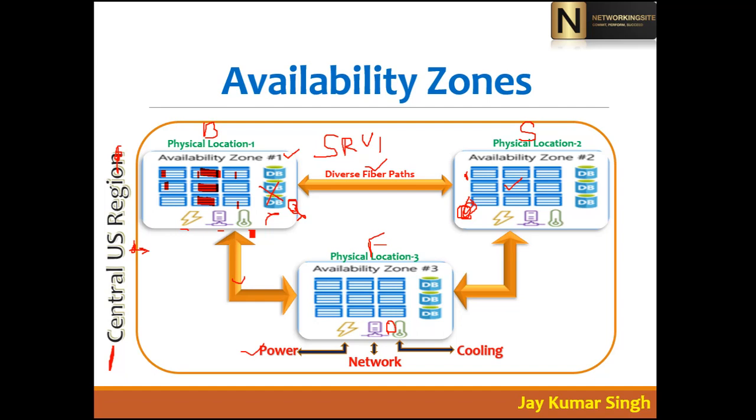It will say I want my application located in all zones of the US region, so it will put it in zone 1, zone 2, zone 3. If zone 1 is down, you can still access WhatsApp from zone 2. If zone 2 is down, still from zone 3. And you cannot say that the entire US is down.